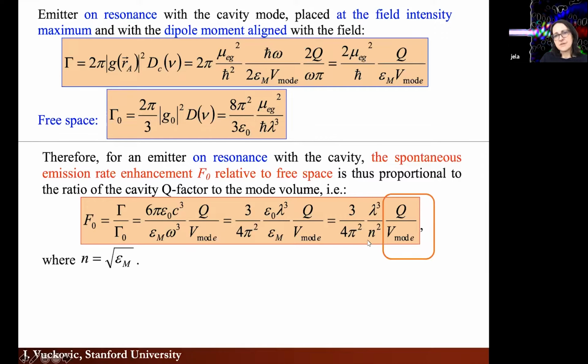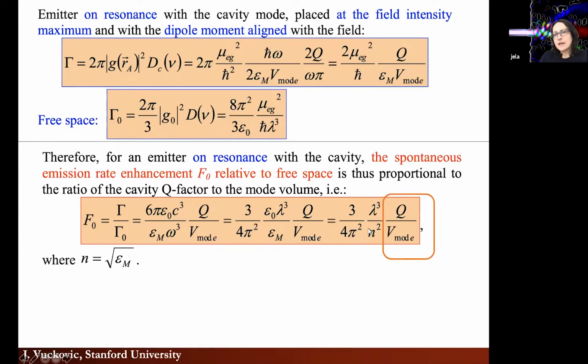There is some prefactor coming from constants. There is lambda cubed, the free space wavelength, divided by n squared, the refractive index of the material in the cavity, because I put the atom into some material that has refractive index n, at the location of the field maximum. Then it depends on the ratio between the Q factor and the mode volume of the cavity.